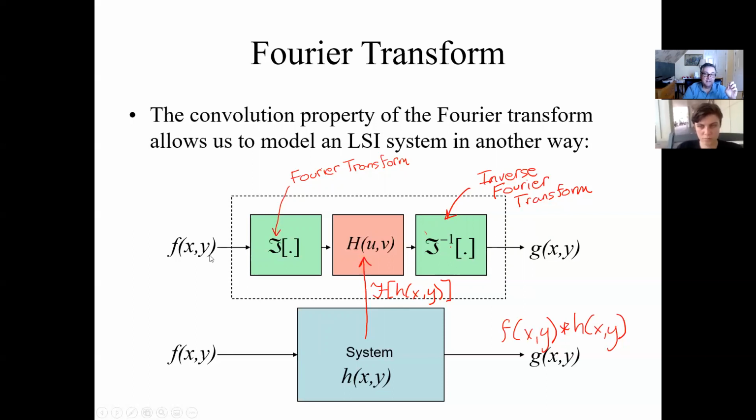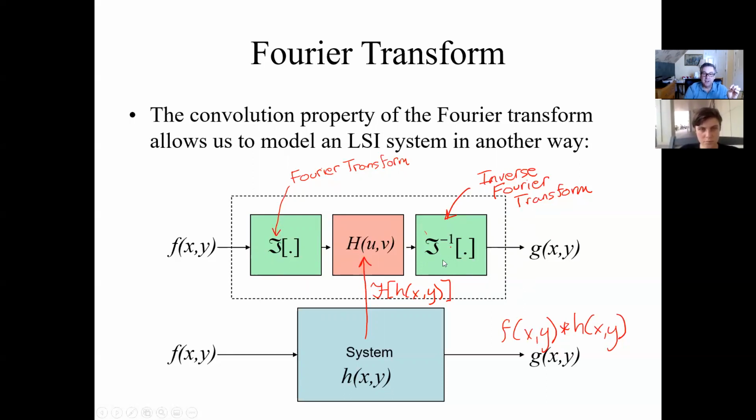Okay, and again, if you have a physical linear system that's linear shift invariant, it's not doing this unless you're actually using Fourier optics to do it, okay? But this is an equivalent model for what it's actually doing, okay?